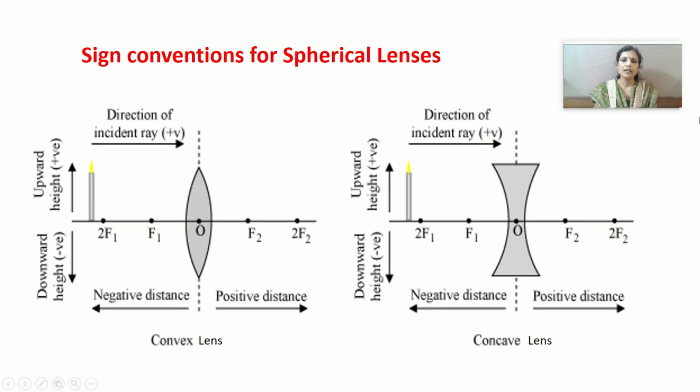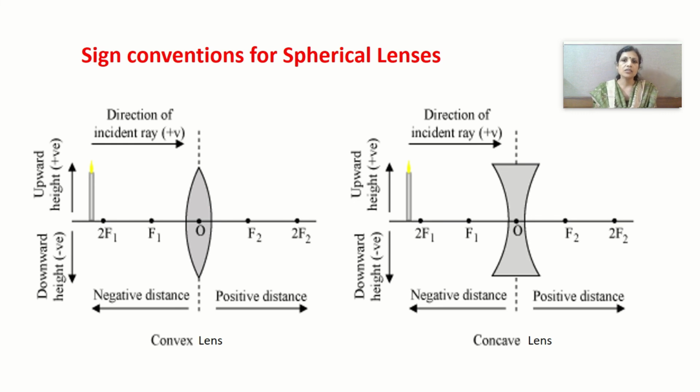Alright. Then the sign conventions for spherical lenses, which are exactly similar to how we discussed for spherical mirrors. In spherical lenses, the optical center is the origin. All distances towards the left of the optical center are negative, and distances towards the right are positive. Distance above optical center is positive and distance below is negative.